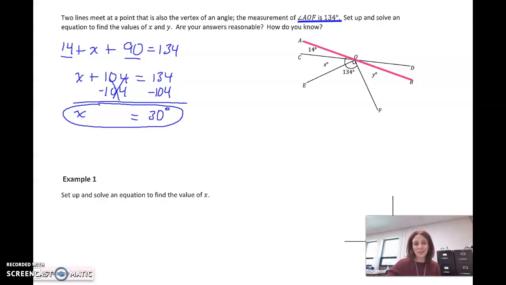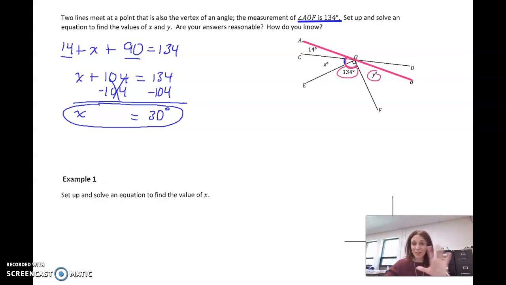And this isn't the only way to do it. But if I look, I have this 134 right here. Let me change colors. 134, this angle right here, and this angle has to make 180, right? Because it's a straight line.